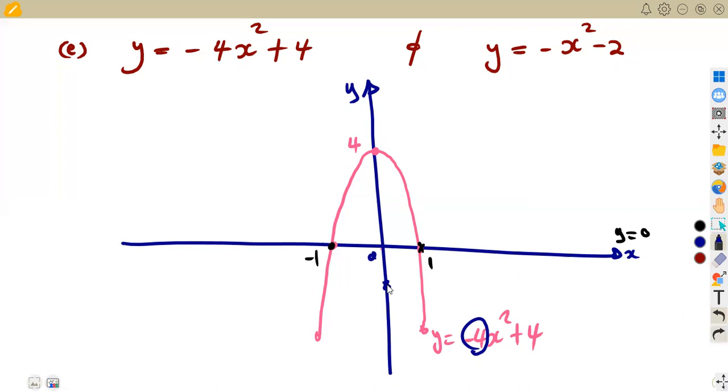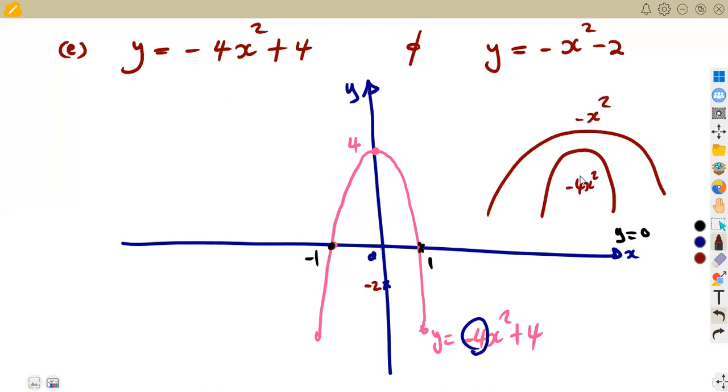So by being shifted, it's no longer at this point at 0. It is now at -2, but a little bit wide open. In this case we are comparing minus 4x squared and minus x squared. Minus 4x squared, it's inside. Minus x squared is outer.